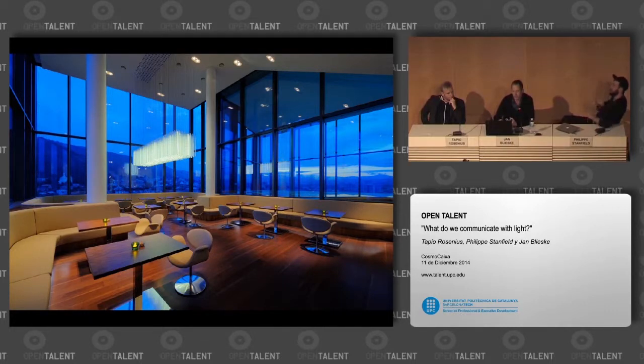So not only can the light be a tool to show what the architect wants to communicate, but the luminaire as well, of course. It's not as sophisticated as doing it just by light itself, but we as lighting designers are always on this edge between lighting and luminaire, because lighting doesn't work without luminaire.